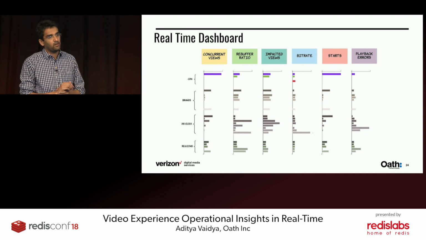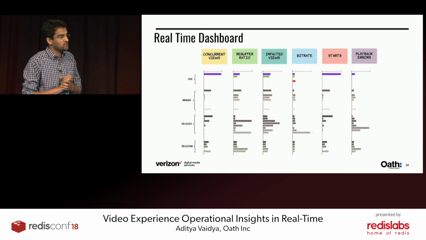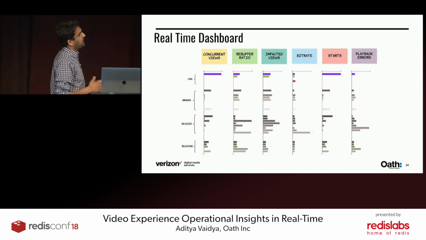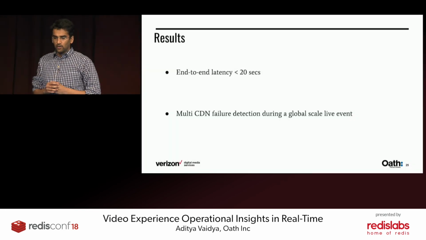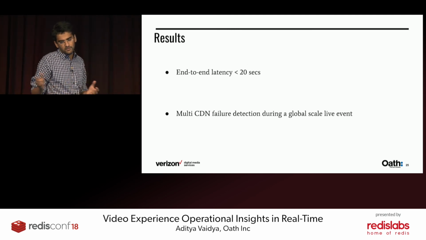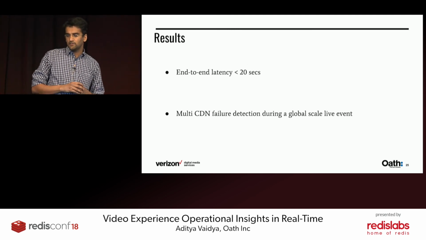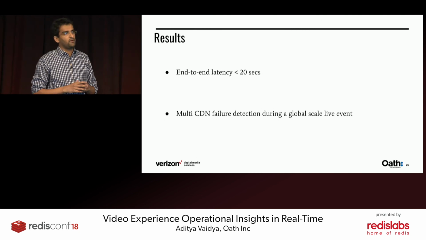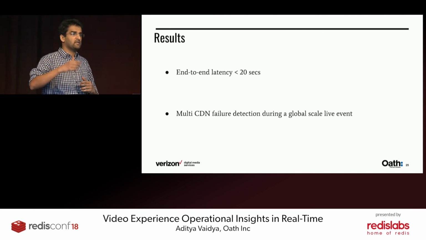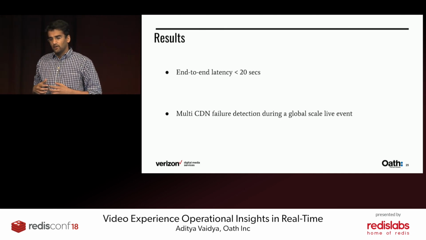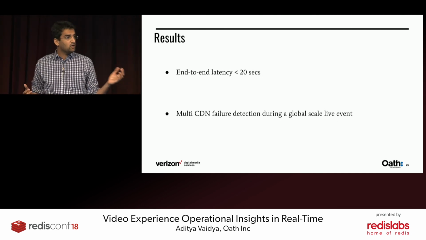This is one of the important dashboards that our operations team is always looking at for any global events. Talking about the results, in terms of end-to-end latencies for the number of dimensions and measures that we were looking at, we were able to achieve an end-to-end latency of 20 seconds.